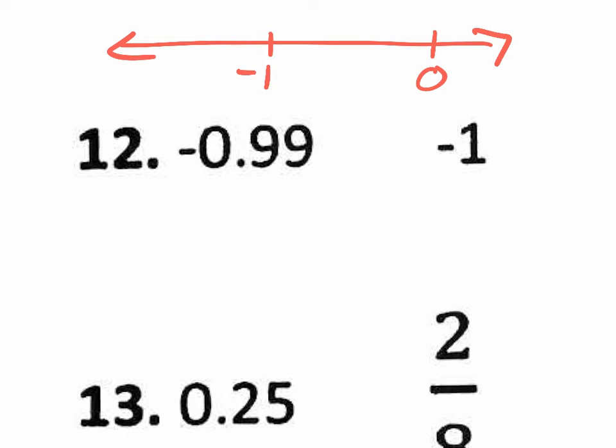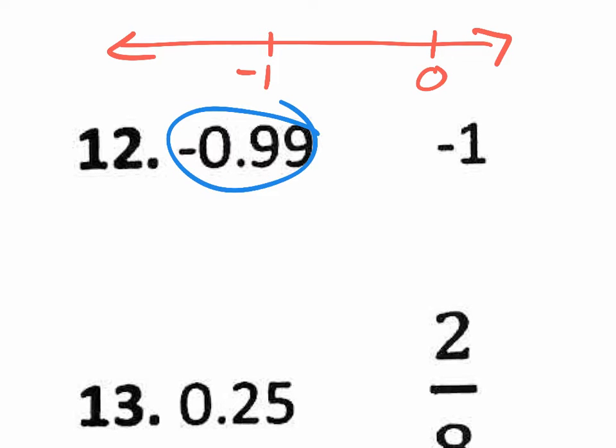Which one's greater? The negative 0.99 or the negative 1? Negative 0.99, right? Not because 99 is greater than 1, but you got to think about the number line, right? So let's say that we have 0 right here, and let's say negative 1 over here. So where would negative 0.99 be? Where would this one be at?